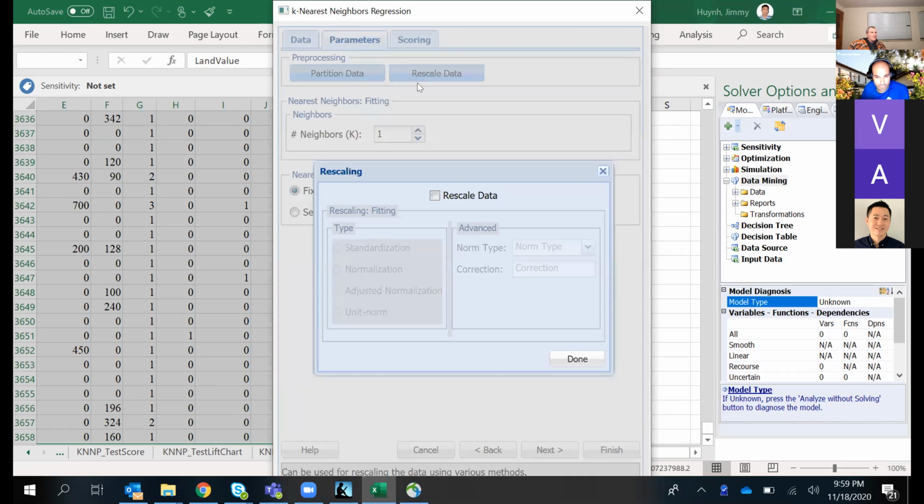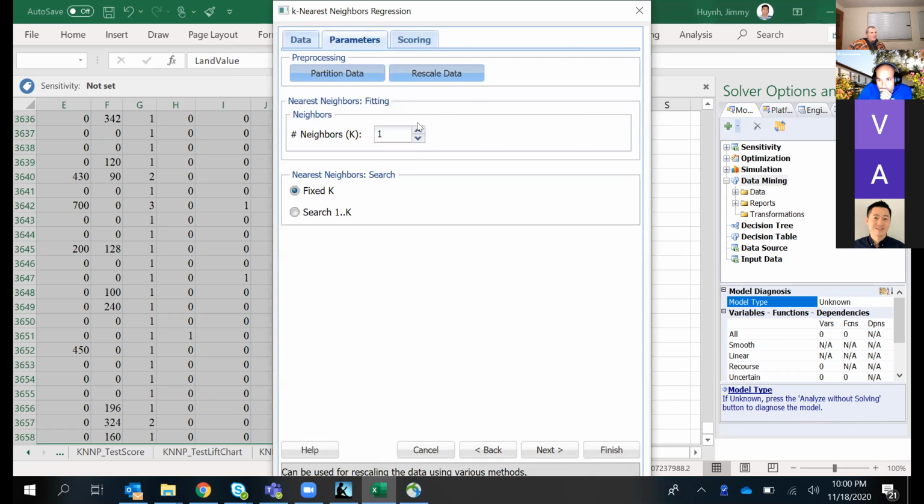Oh, not yet. We want to do KNN, the search 10. I think actually on this one, we want to use k equals 7. I could be wrong, but I don't think we want to search. I think we want to compare apples to apples.